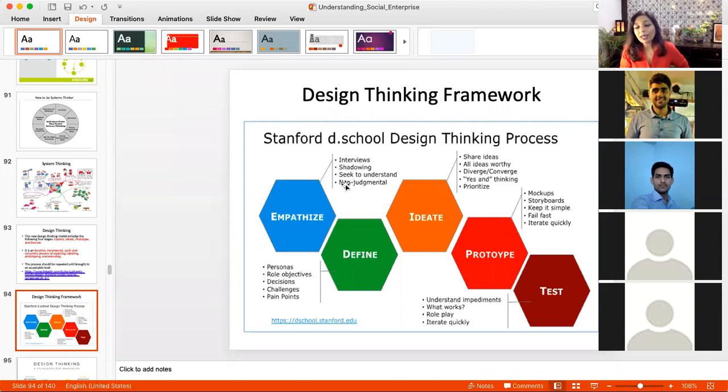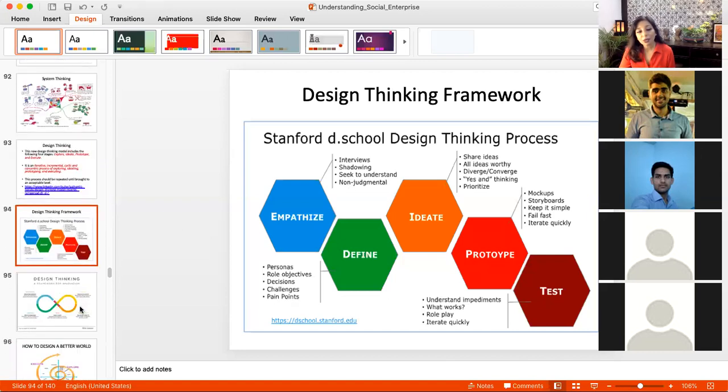So prototyping and testing: testing is on a larger scale, prototyping is at a very, very small scale. And once you test the idea and it still has merit, it's still sellable, you go ahead and go full scale on that idea, make it executable.